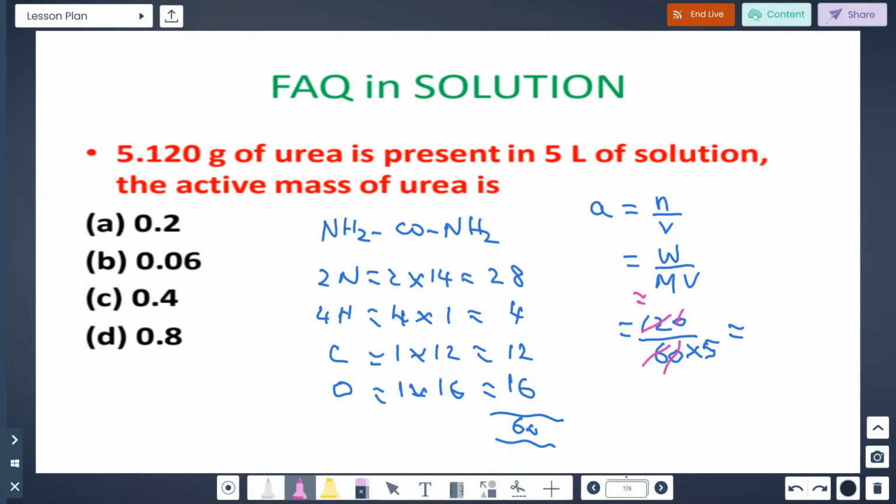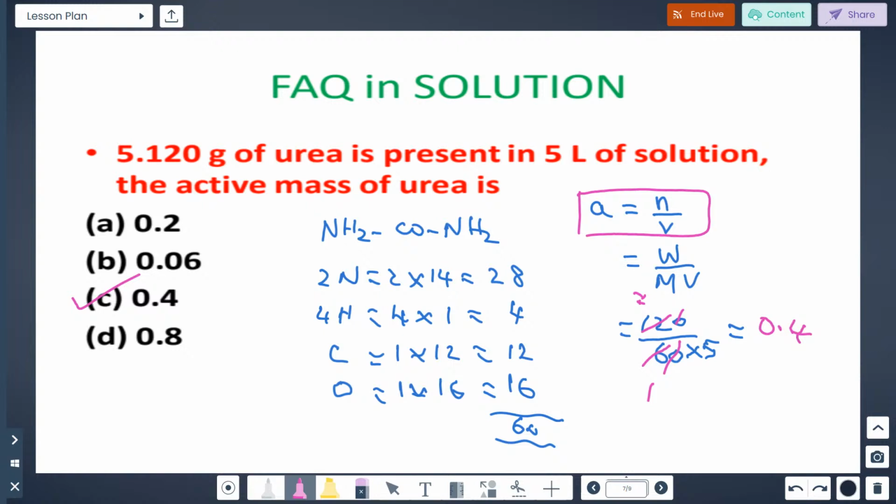This is 1 time. 2 by 5. Answer will be 0.4. That's the answer. C is the correct answer. Understood? Simply remember the formula: A is equal to N by V. Understood? Very simple sum.